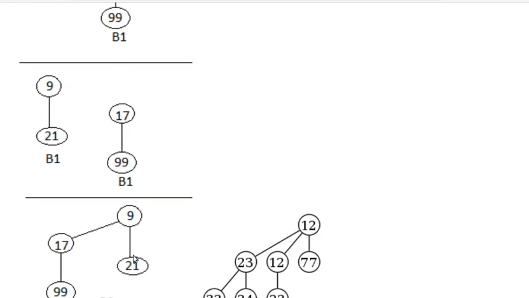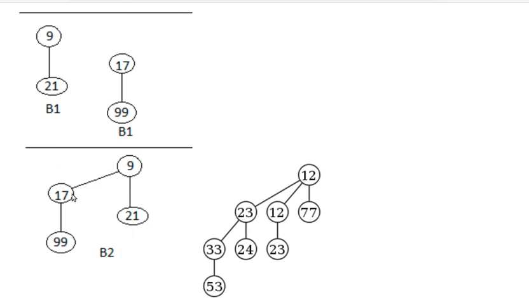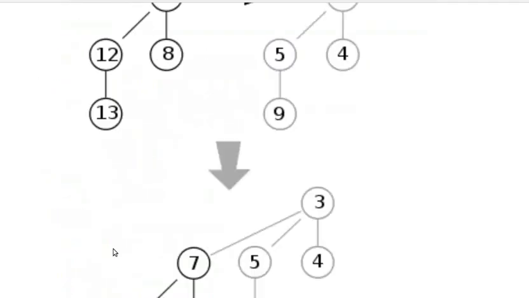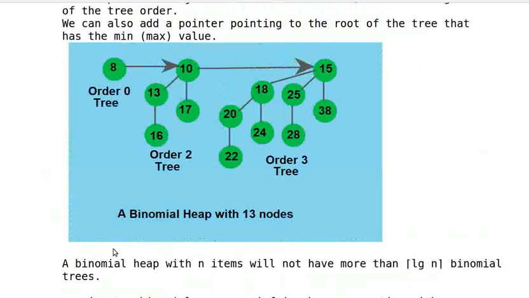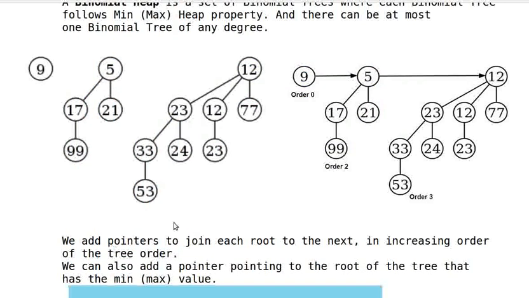And so this is the child of 9. So we have this B1, so it forms B2. And there's no B2 in the original tree, so then we're done. There's no B2 because this B2 has been decomposed.